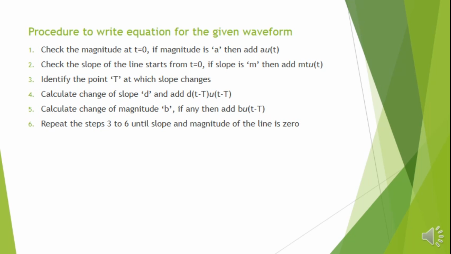Repeat steps 3 to 6: identify the point T at which the slope changes, then calculate the change of slope, until the slope and magnitude of the line is 0. So this is the general procedure to write the mathematical equation where waveforms consist of lines. Let us see some problems by applying these steps.